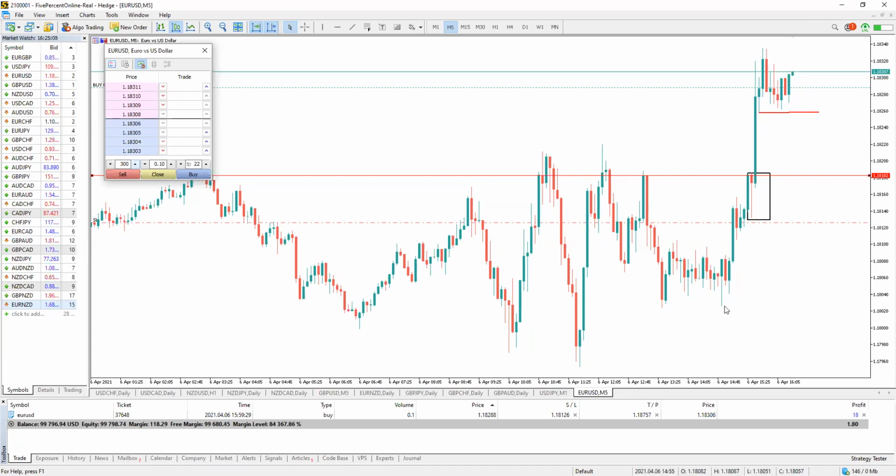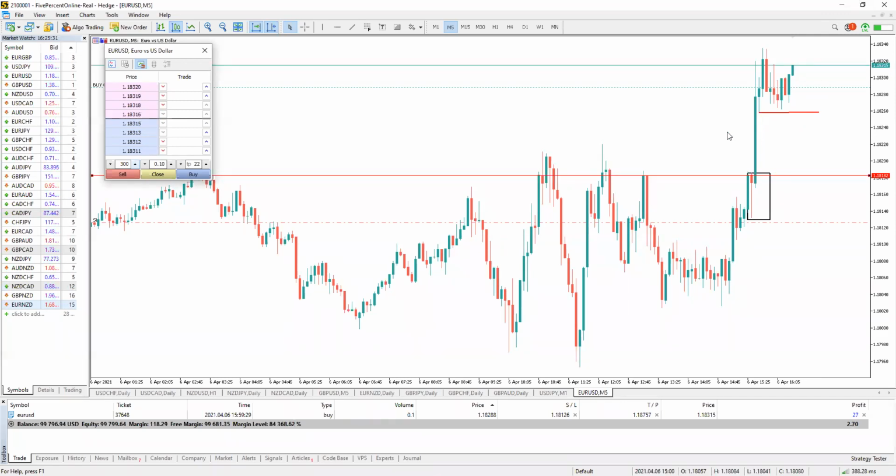No, that's a pole. This might be forming a flag. And then we need a continuation, correct? This rally, base, and either drop or rally. If it drops, that would be against our reading, and if it rallies, that would be good for our trading.